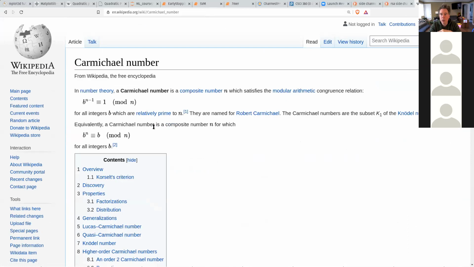A Carmichael number will pass Fermat's primality test. So what is a Carmichael number? A Carmichael number has the property, b to the n minus 1 is congruent to 1 mod n, just as if n were prime.